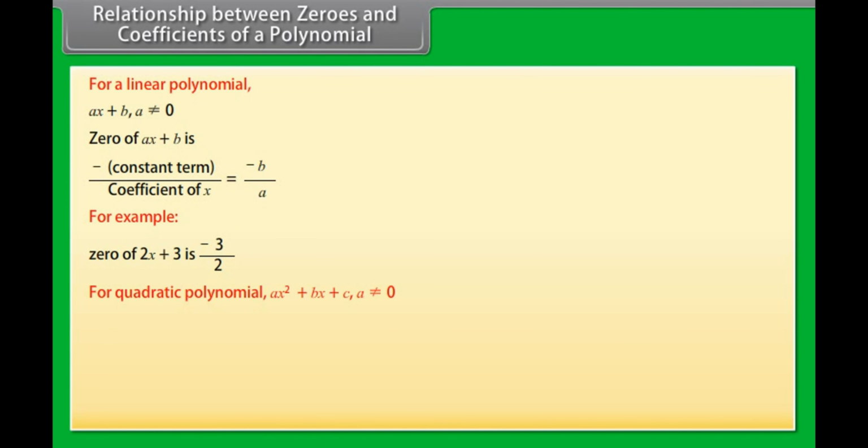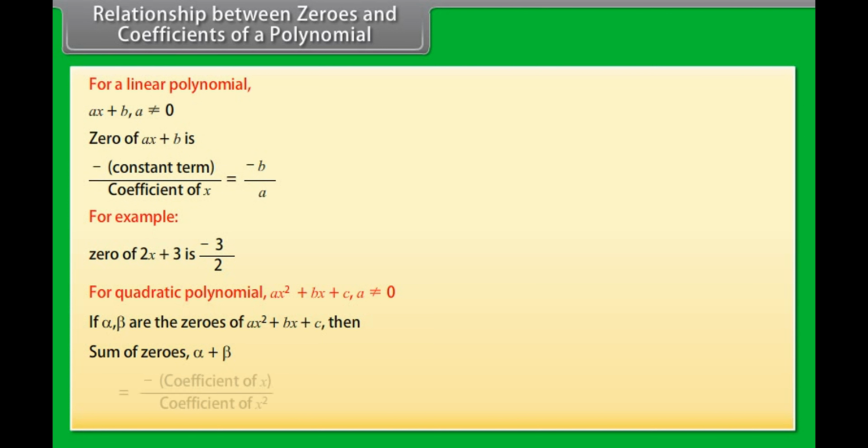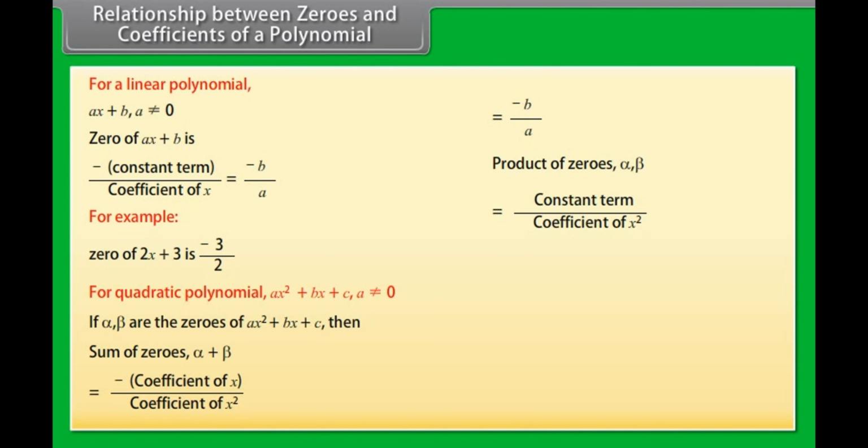For a quadratic polynomial ax square + bx + c, a is not equal to 0. If alpha, beta are the zeros of ax square + bx + c, then the sum of zeros, alpha + beta, is equal to minus the coefficient of x upon the coefficient of x square, which equals -b/a. The product of zeros, alpha beta, is equal to the constant term upon the coefficient of x square, which is c/a.